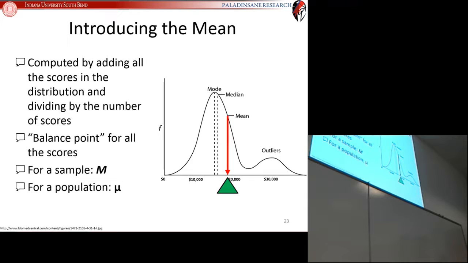The second thing to notice here is that the mean for a sample and the mean for a population get symbols. And whenever you see specialized symbols, that's an indication that what you're learning about is going to be widely used.